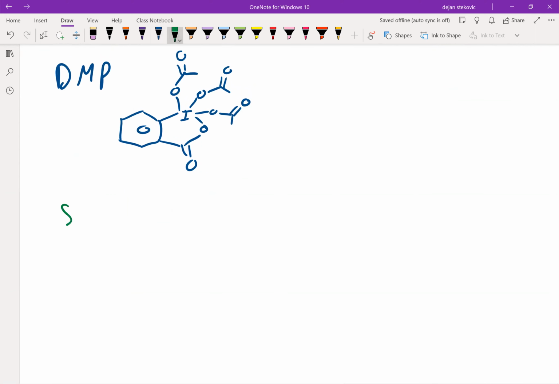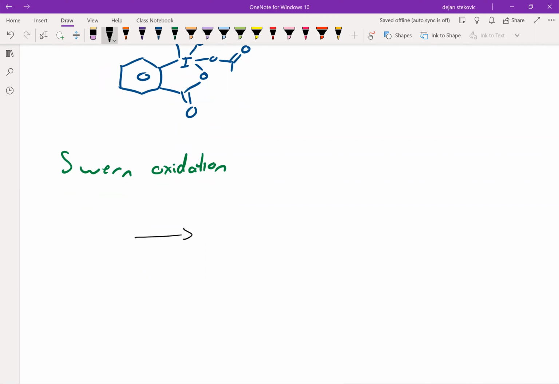You can do what's known as a Swern oxidation, which uses DMSO and then COCl2, followed up by some base.